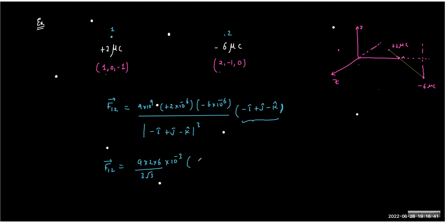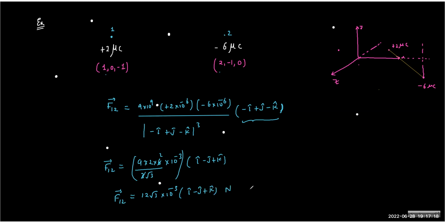So it is i minus j plus k, because whatever is outside should be just a plain number. I got the answer: 9 into 12 is 108, and 108 by 3 is 36, into 10 to the power minus 3, i cap minus j cap minus k cap Newton.